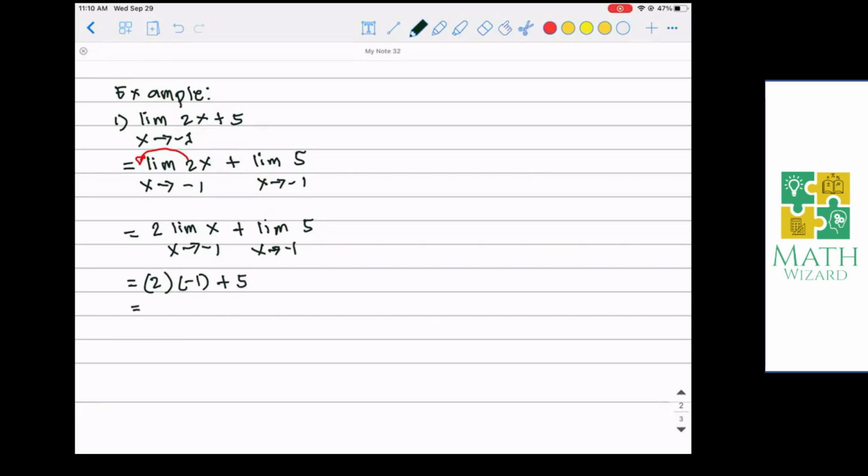Simplifying this together, that's negative 1 times 2, that's negative 2, and then 5. We combine them. This would give us positive 3. So therefore, the limit of 2x plus 5 as x approaches to negative 1 is equal to positive 3.